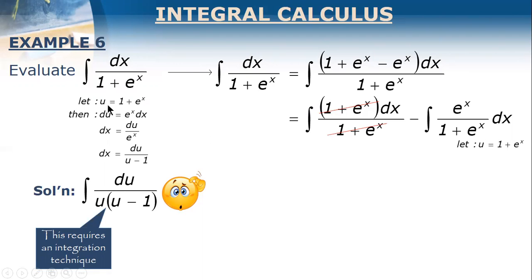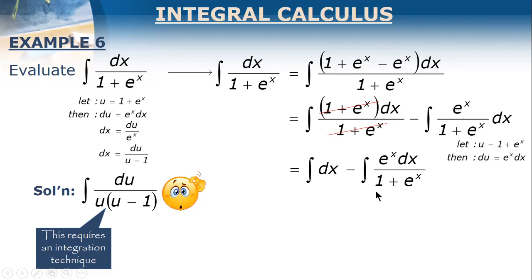So we can use this substitution: u equals 1 plus e to the x and du equals e to the x dx. So the next step is the integral of dx minus this one. You replace this one by du and then replace by u.